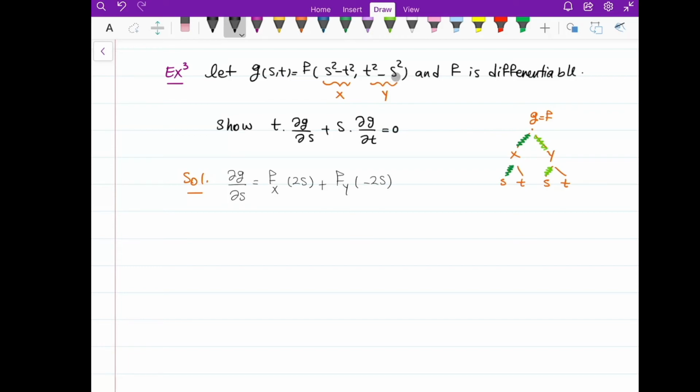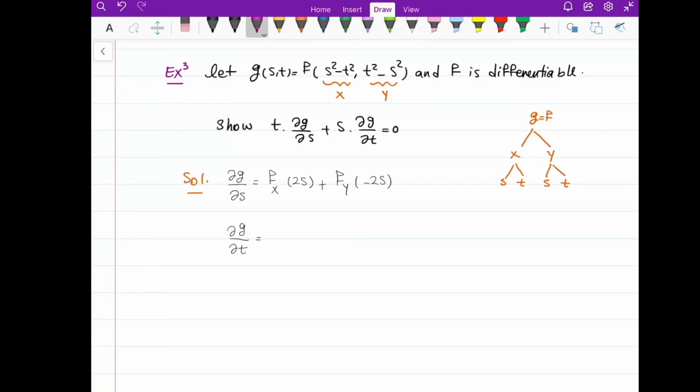Okay, I have the derivative of g with respect to t in the formula that I need to prove, so I'm gonna calculate that. To calculate this, let me remove this path and replace it with the new ones.